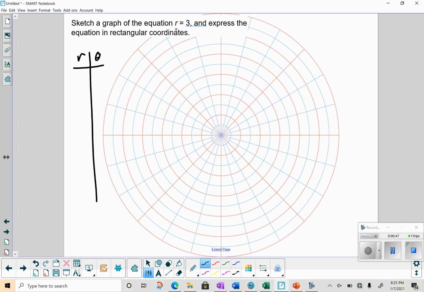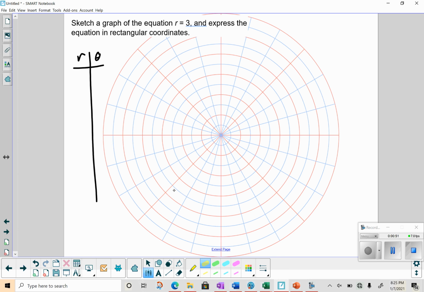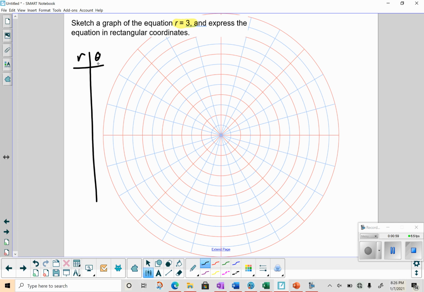In this case, all you really need to do is be literate as far as math is concerned and just keep reading that equation over and over again. So if theta is equal to 0, r equals 3. If theta is equal to pi over 4, r equals 3.